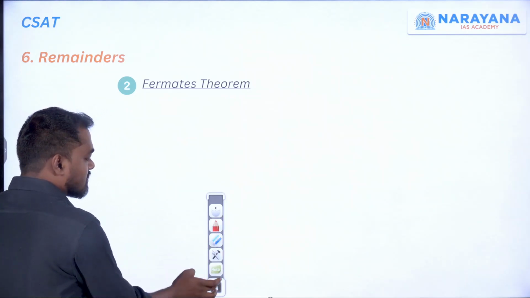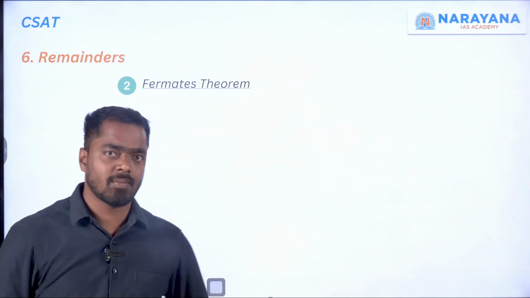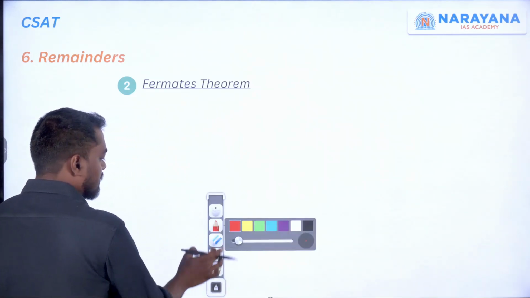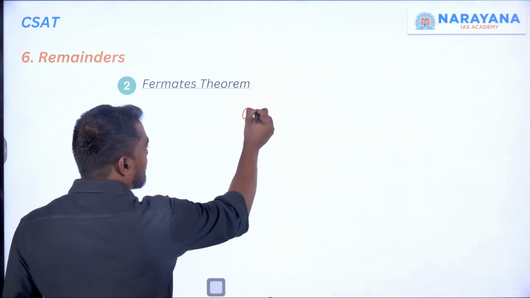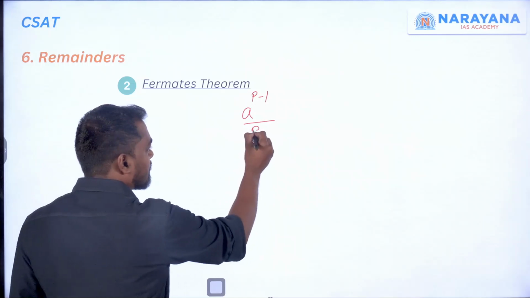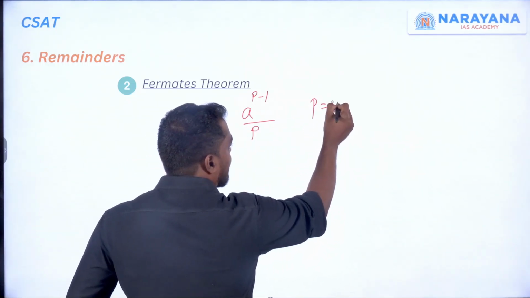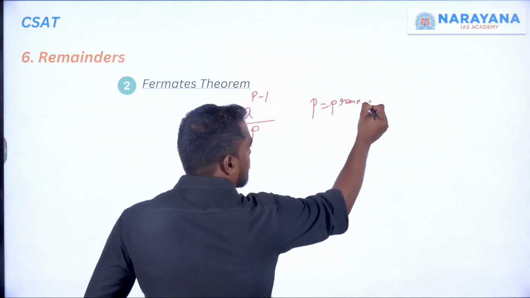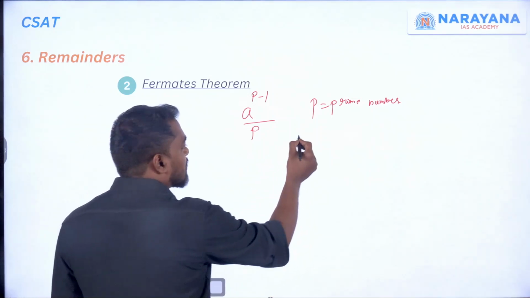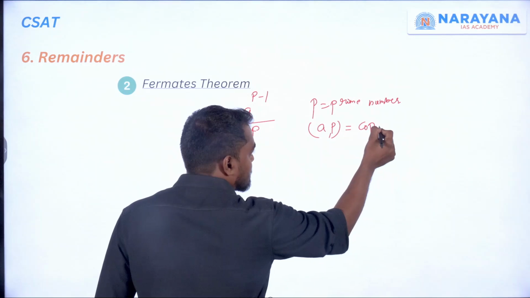Next we will discuss Fermat's theorem. So what is this Fermat's theorem? If there is any number which is in the form of a to the power p minus 1 by p, where p is a prime number, and also one more condition, a and p should be co-primes.